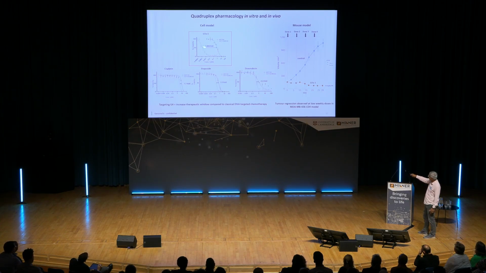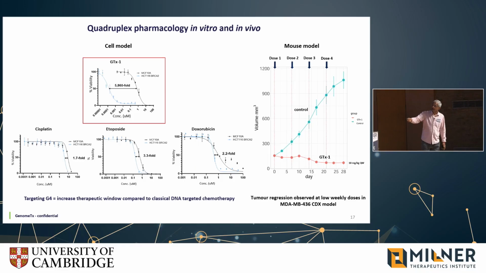So 3 orders of magnitude difference. Now, in the same experiment, if you try cisplatin or etoposide or doxorubicin, these cytotoxic chemotherapy agents, the therapeutic window here is barely 2-fold or 3-fold as compared to 3 orders of magnitude. So this seems to support the thinking from the science.